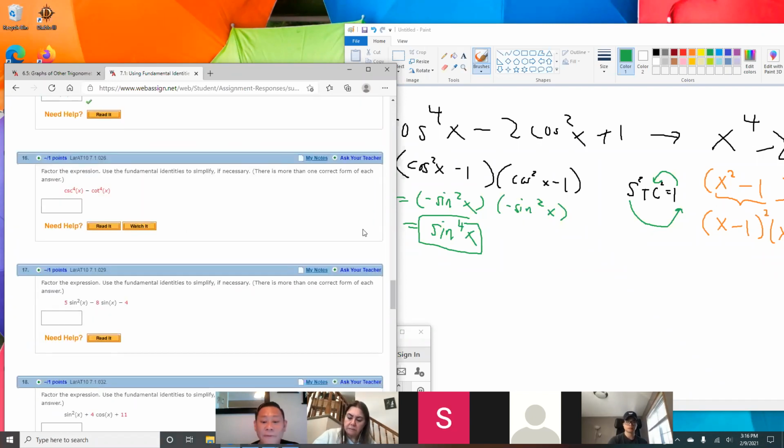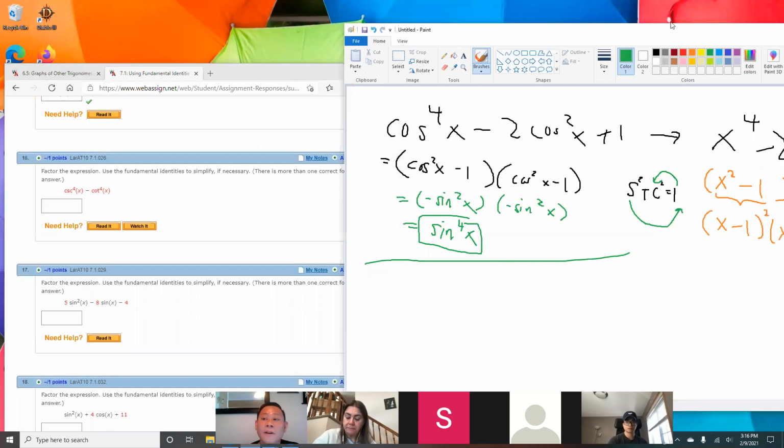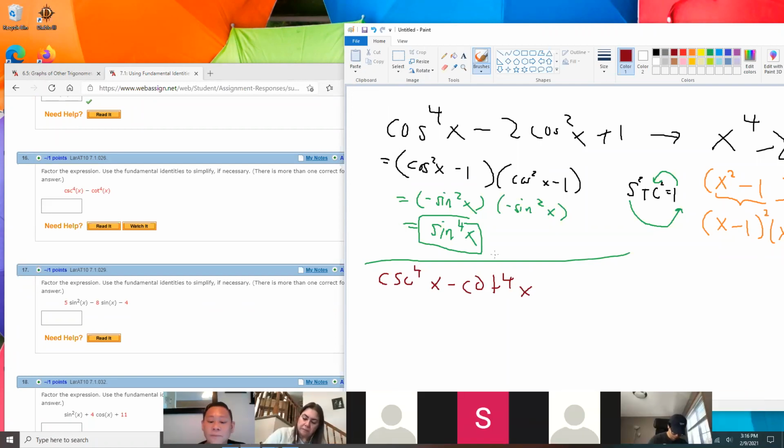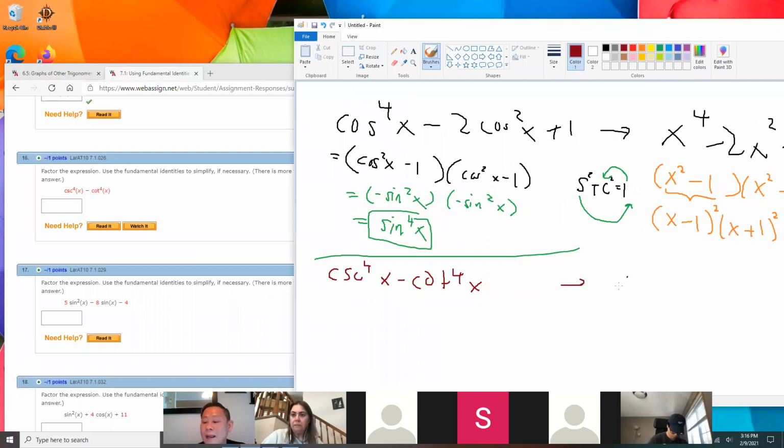Tough. Yeah, you need to know all this. Chapter 7 is a difficult one. Cosecant 4x minus cotangent 4x. So this one looks like x4 minus y4.